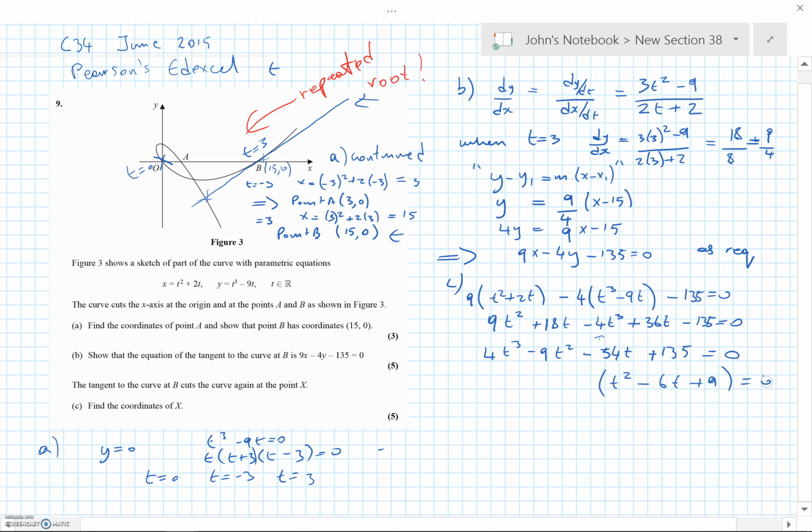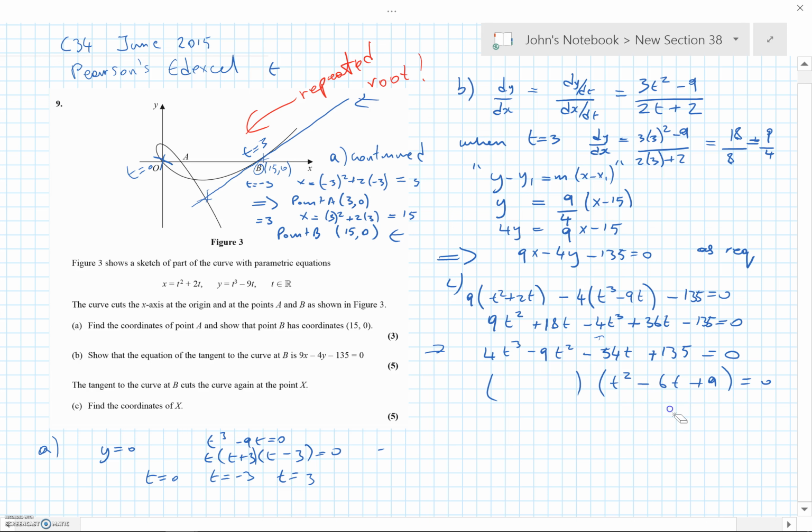That's all about solutions to the thing, and all that stuff you did about repeated roots is relevant here. So we've got t squared minus 6t plus 9 because of the point B, which is a solution to this cubic. Okay, well now we know what the others must be, if that's correct.